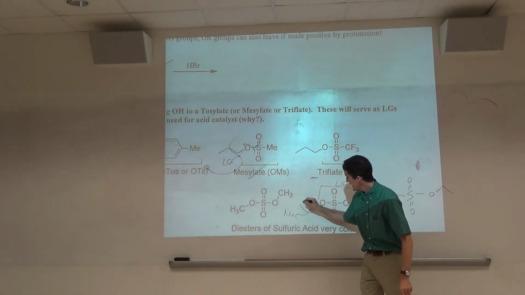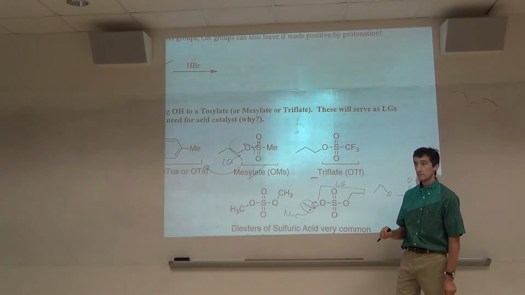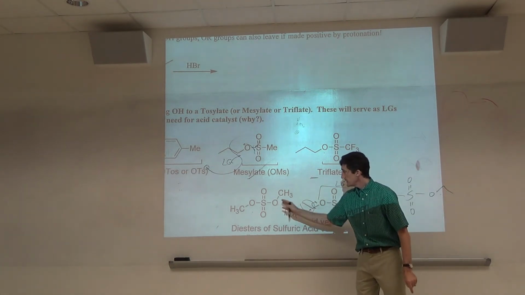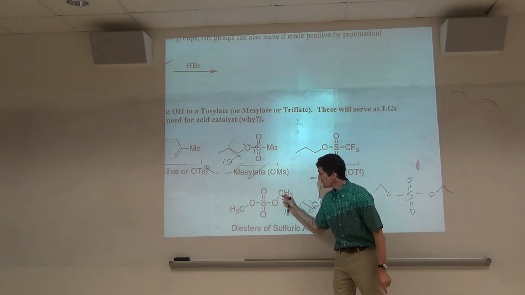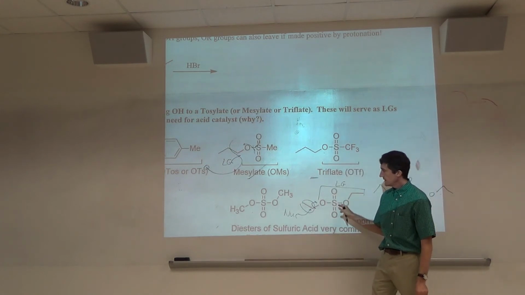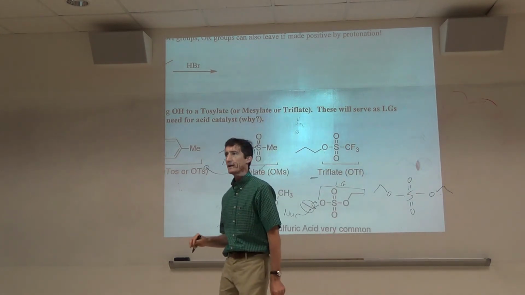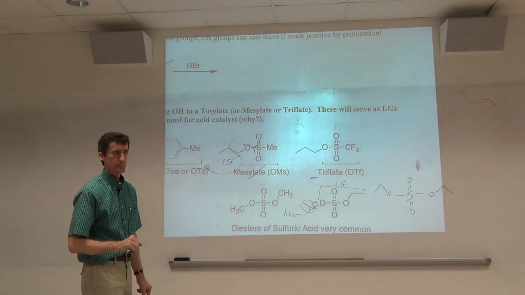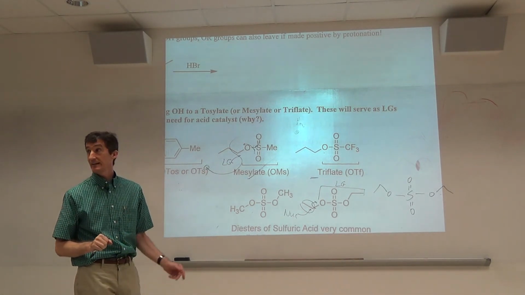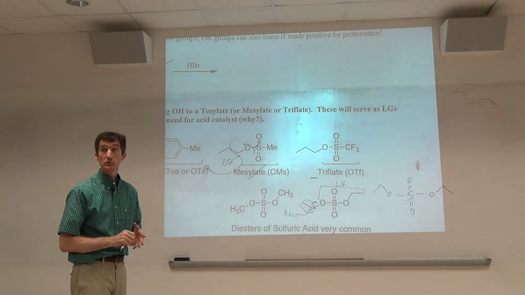And you can supply an alkyl group to your nucleophile. That's called dimethyl sulfate. That's called diethyl sulfate. These are commonly used to supply alkyl groups to nucleophiles. They're cheap. You can buy gallons of these for a few dollars.